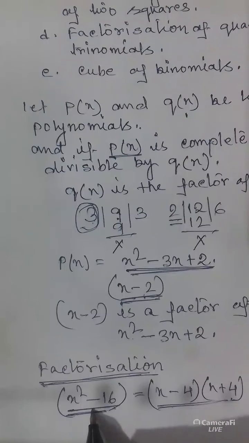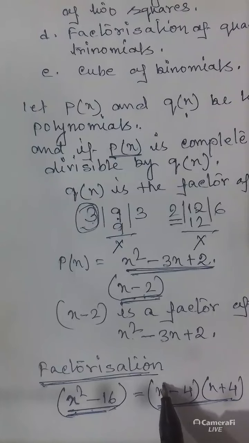To express a given polynomial as a product of polynomials each of degree less than the given polynomial. Here the degree of x square minus 16 is 2, but here the degree of x minus 4 is 1, less than the degree of the given polynomial, and such that no such factor has a factor of lower degree, is called factorization. So what is factorization?